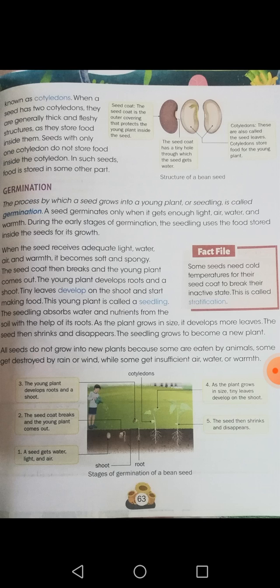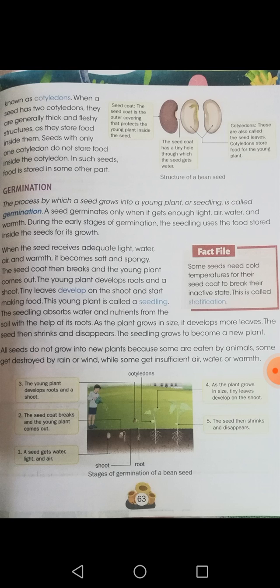But for this germination, some factors are required. Now, what is the requirement of the seed? First, light. If the seed gets light, then only it will germinate. Otherwise, it will not germinate. Second thing is air. Third thing is water, and the fourth is warmth.